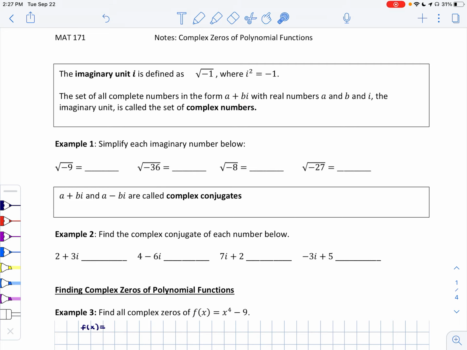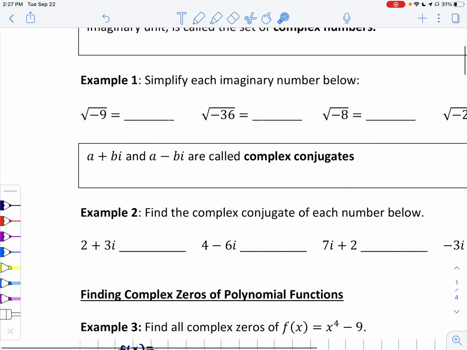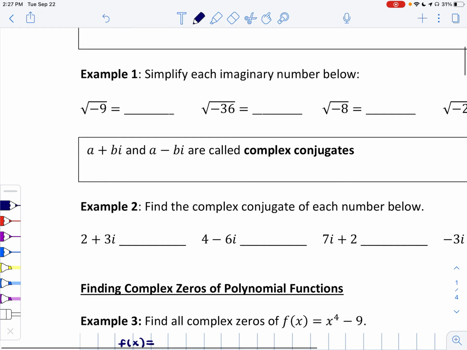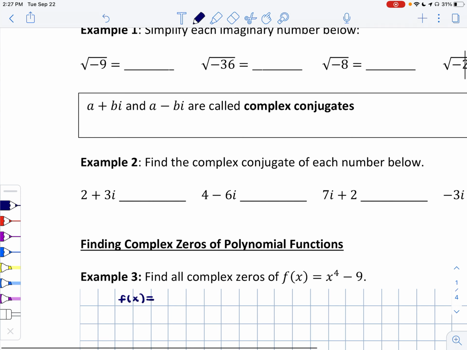To start with, I want to take a look at some simple examples of simplifying imaginary numbers to show you how these work. Let's say we want to take the square root of negative 9 and simplify it. We can start by breaking it up. I'm going to separate out the square root of 9 from the negative part of it.